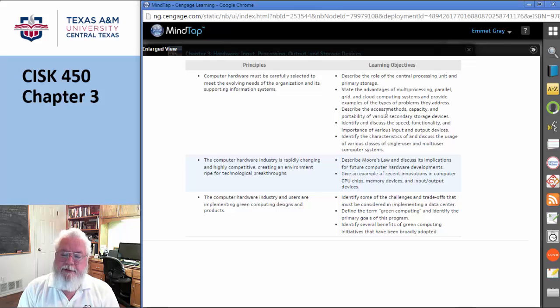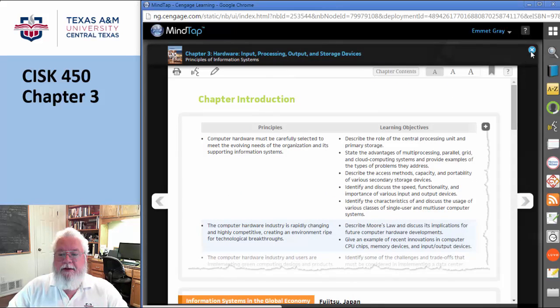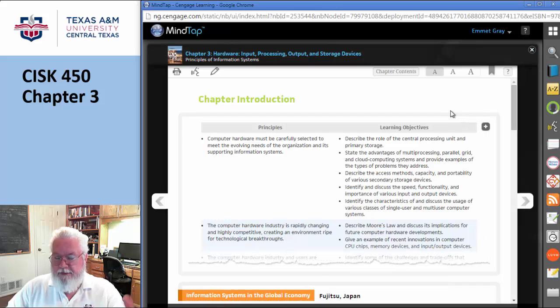Describe Moore's Law and give an example of recent innovations in computer stuff. Identify some of the challenges and trade-offs that must be considered when you're building a data center. Define the term green computing and identify several benefits of green computing. Okay, so that's essentially the stuff.